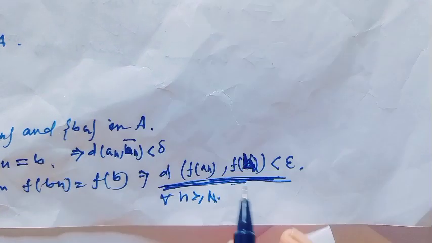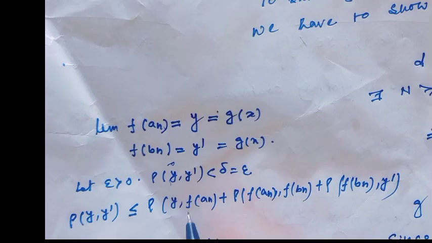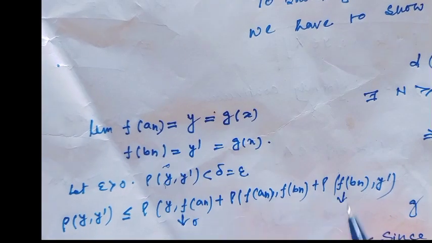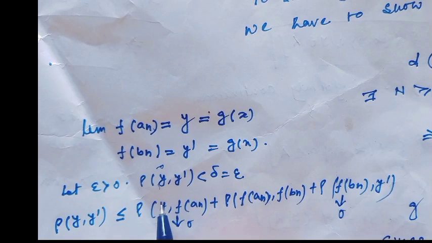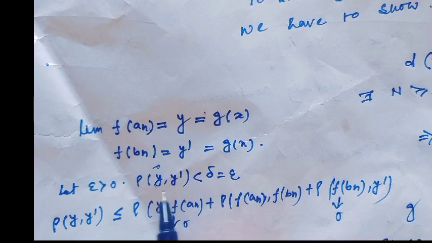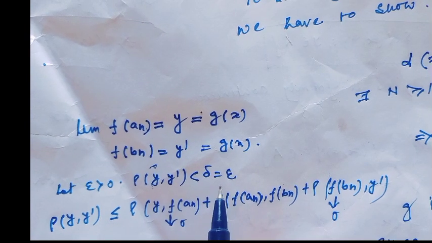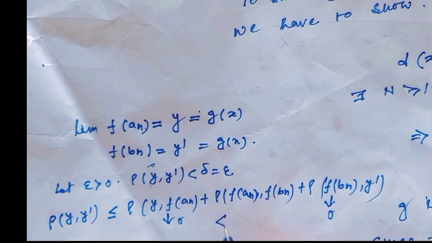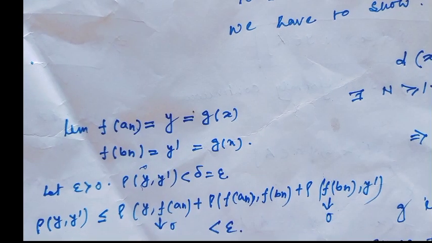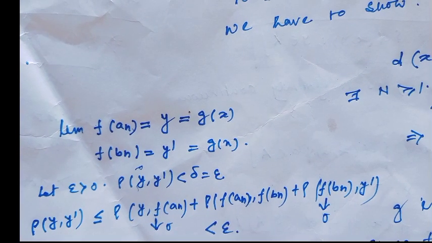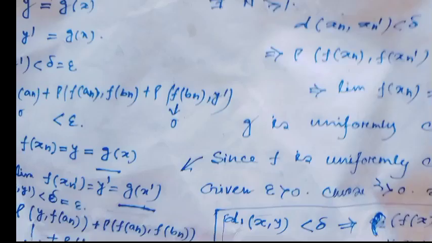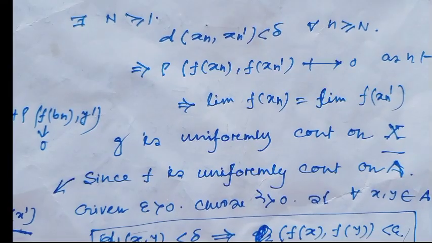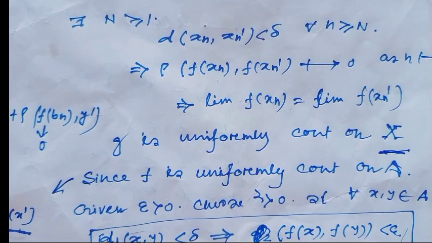By this inequality we can tell this part tends to 0 and this part tends to 0. And I have considered rho of y comma y dash less than delta, which is equal to epsilon. Therefore, this is less than epsilon. Therefore, our proof is done. The function g is uniformly continuous on the set X.